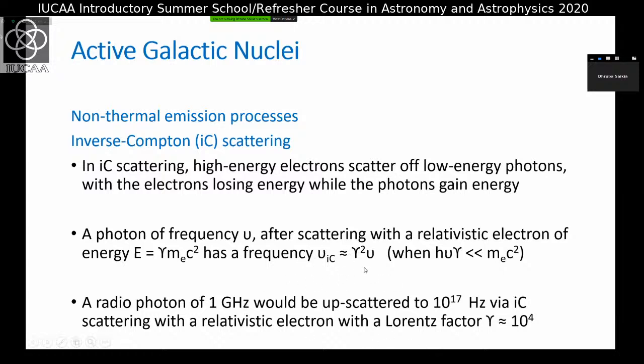The frequency would be gamma squared nu, so that if you had a radio photon at 1 gigahertz, then with an electron with a Lorentz factor of gamma, it could be scattered to about 10 to the power of 17 hertz. 10 to the power of 9 comes from here, and 10 to the power of 8, if the Lorentz factor is 10 to the power of 4, will come from here, giving you emission at high X-ray energies.